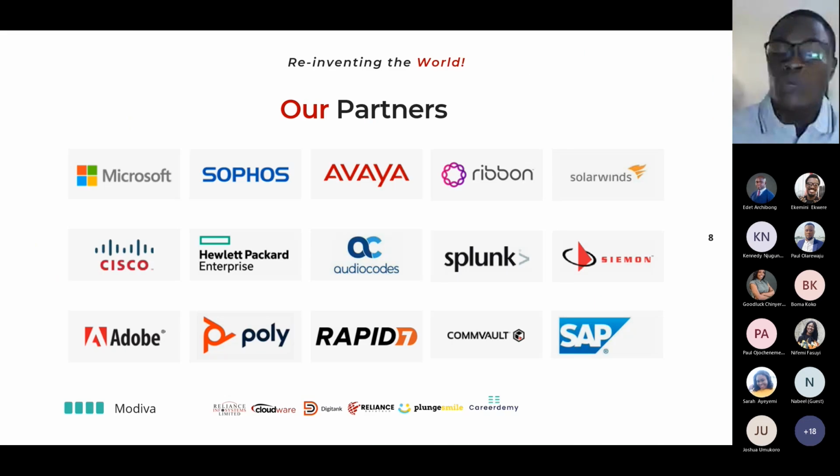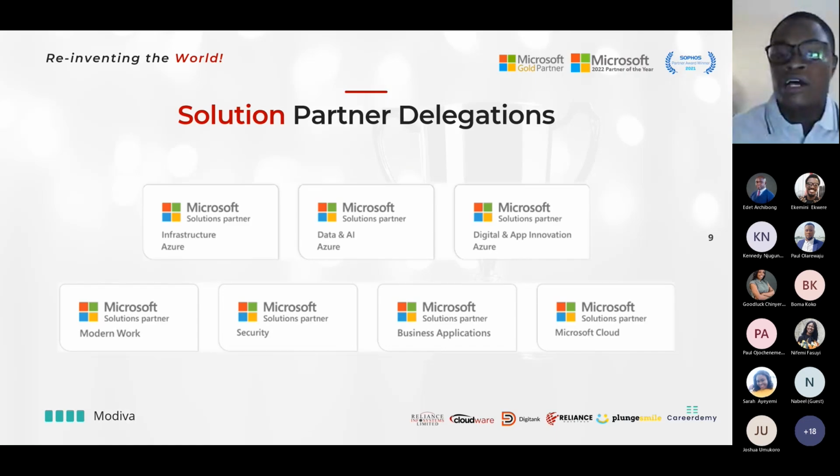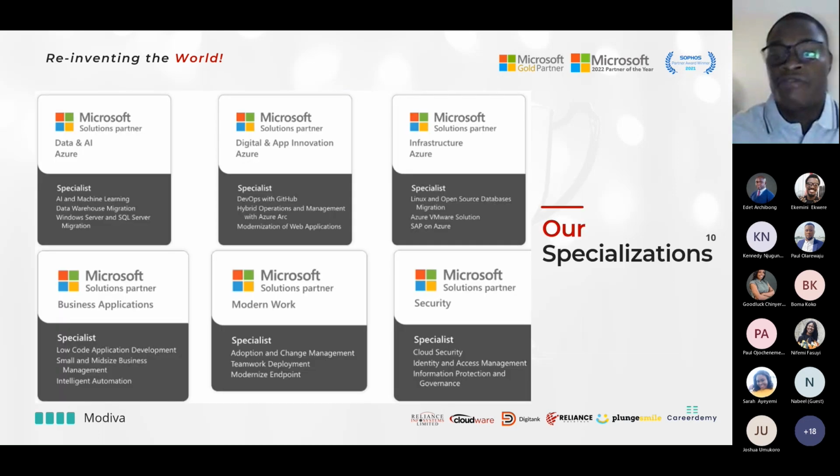We also partner with other IT companies to deliver the best solutions and services to our customers. As an organization, we have been recognized as a Microsoft solution partner across 6 solution areas, meaning we have advanced specializations and grown competencies to deliver solutions in different areas.